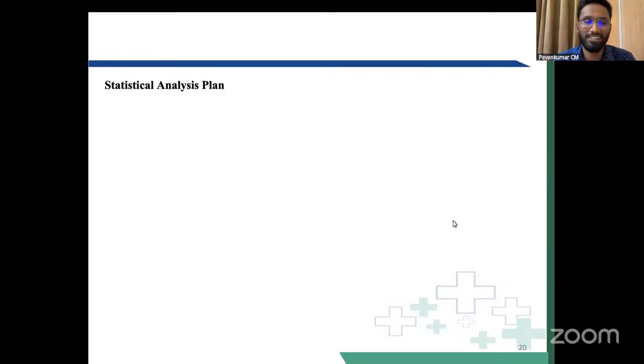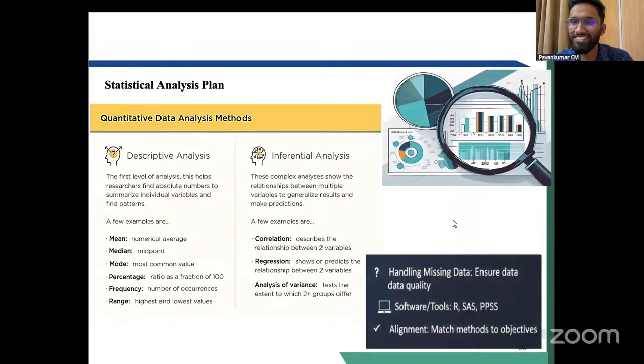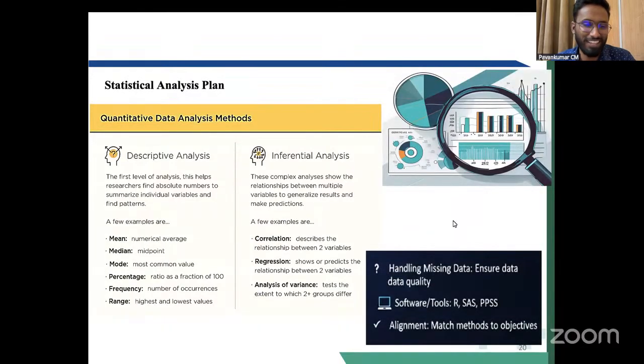And this is important: pharmacy practice or any kind of healthcare sector is much farther from the statistical analysis plan, because researchers in healthcare find this very difficult. So it is like descriptive analysis or any kind. In descriptive analysis, what we are going to see is the mean, that is the numerical average, and the median, which is the midpoint.